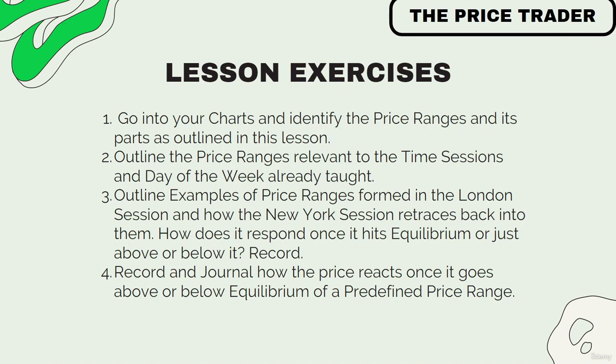You might find maybe the next day you'll revisit that range and you'll see that price will be reacting at those key levels that we've outlined. So look at examples of either London and New York and how it retraces back into the ranges. And also look at how it responds once it hits the equilibrium, just above it or below it.